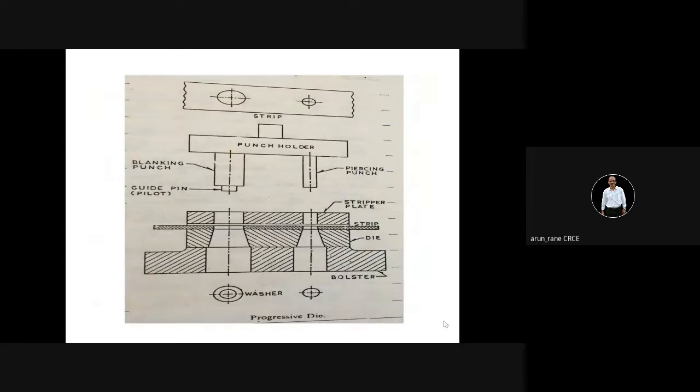This is a progressive die. Suppose you are asked, then you can draw this sketch. Here, this is the piercing punch, and this is your blanking punch. Okay. And this is the strip. So you can have a notching punch, you can have a cutoff punch. So at one stroke, in this particular die, two operations are happening.